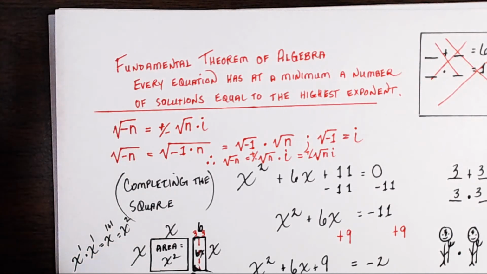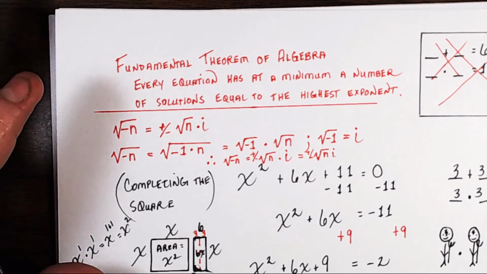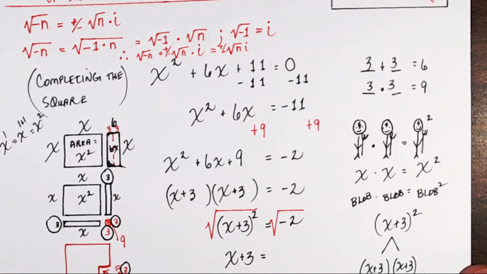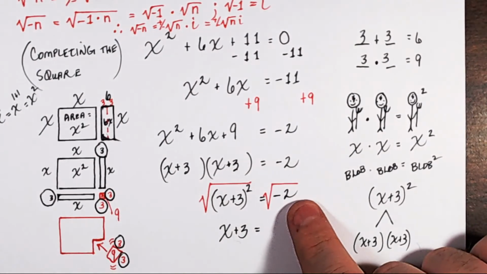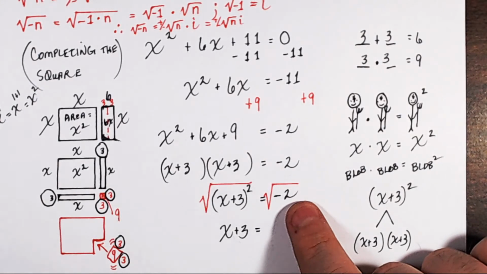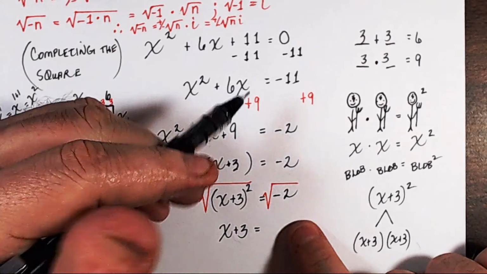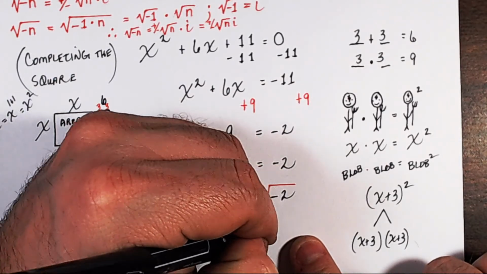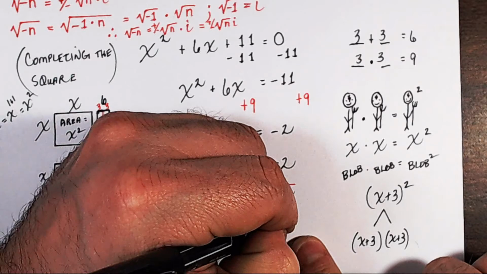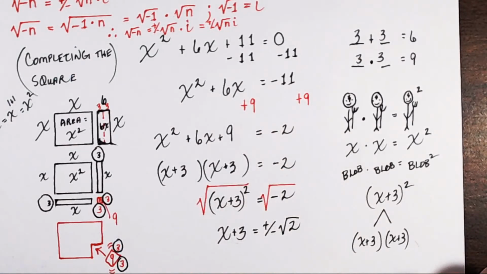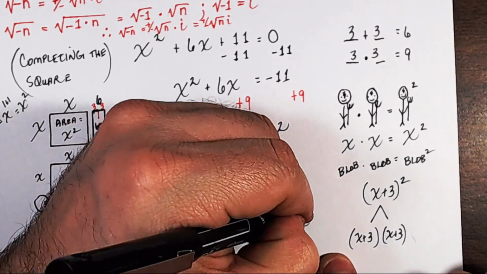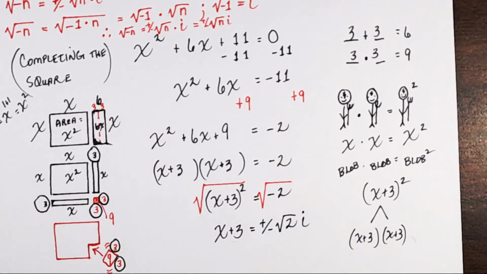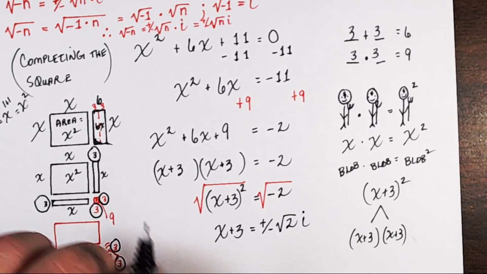Okay, we'll let that sit for just a minute, and then we'll go back down to our problem. We were taking the square root of negative 2. Remember? Well, the square root of negative 2 is equal to plus or minus the square root of positive 2 times i. All I did was substitute 2 for n up here.